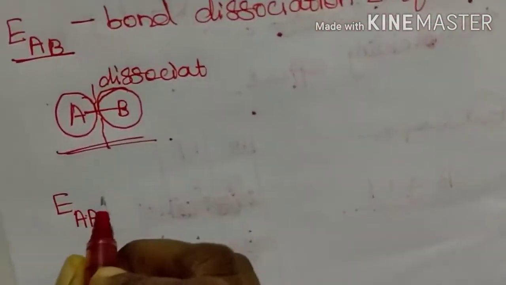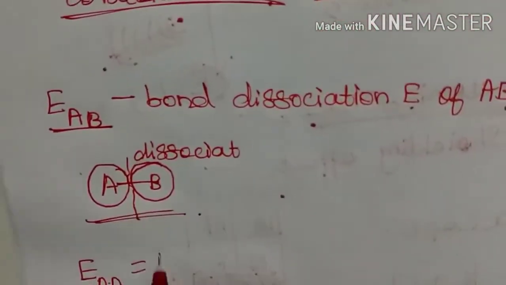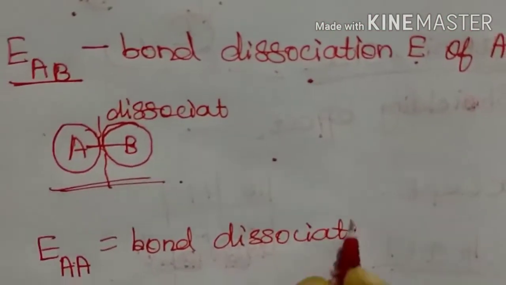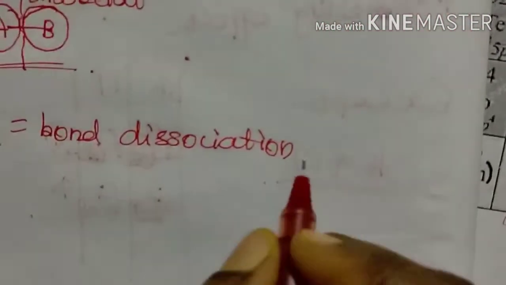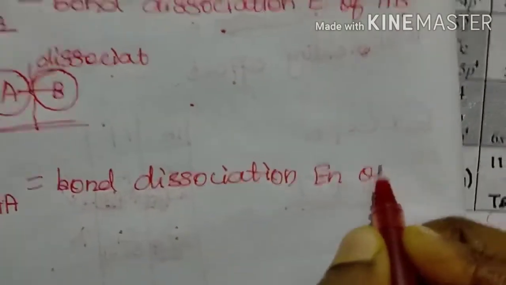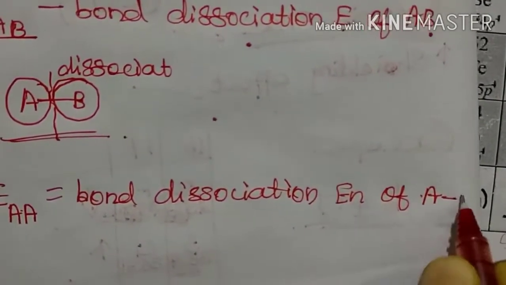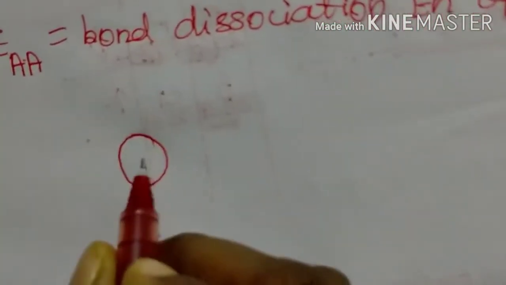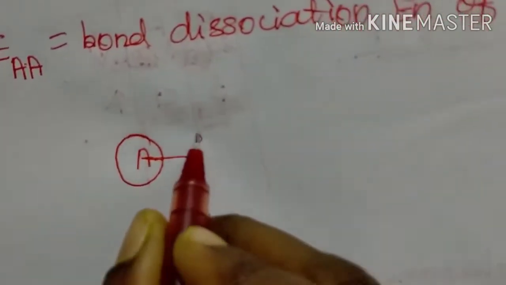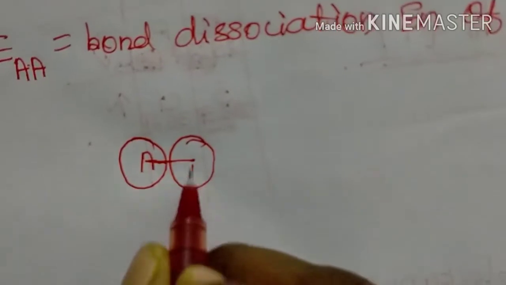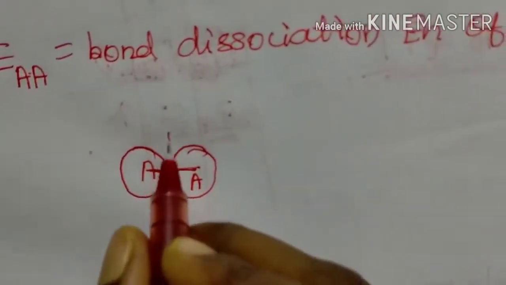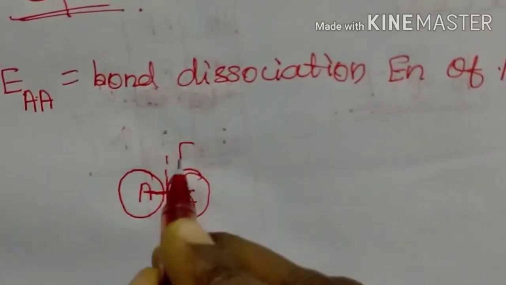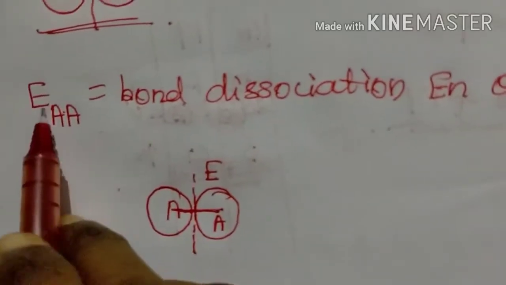Energy EAA equal to bond dissociation energy of A bonded with A. Atom A bonded with another atom A. So this covalent bond, we dissociate or break this covalent bond with some amount of energy.